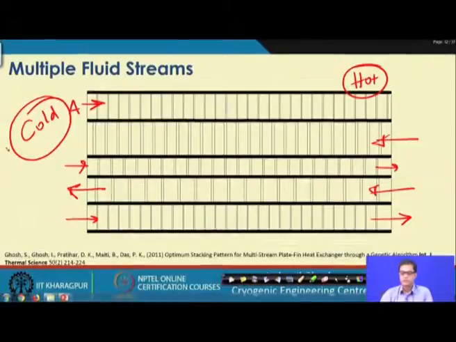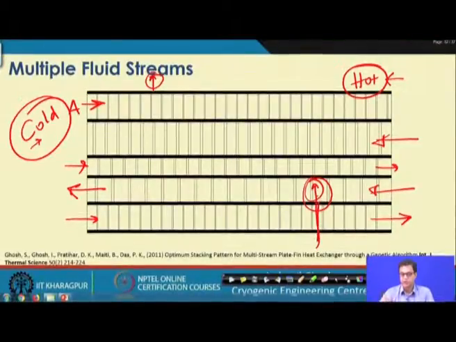It may be such that we have some fluid stream which does not really belong to the hot one or the cold one. So, we may have to look for an exact intermediate position where it will have an entry, and depending on its desired exit temperature, we may have to take it out earlier.